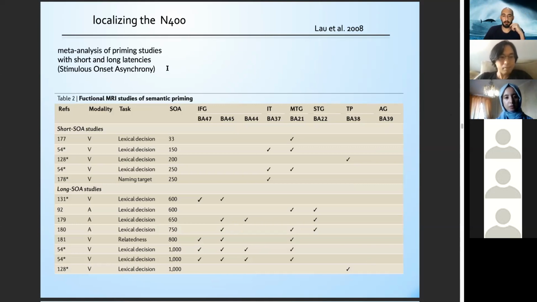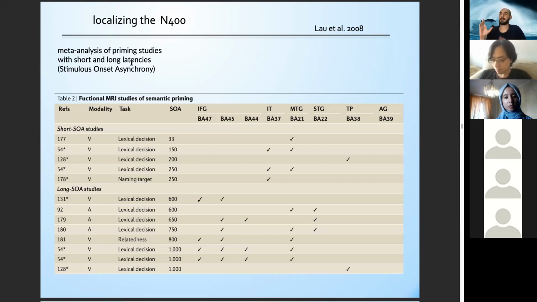To come up with the conclusion to settle this debate was to conduct a meta-analysis of priming studies employing short and long latencies, okay? What does it mean? So priming, you might have an idea what it is already from the example of negation, right?